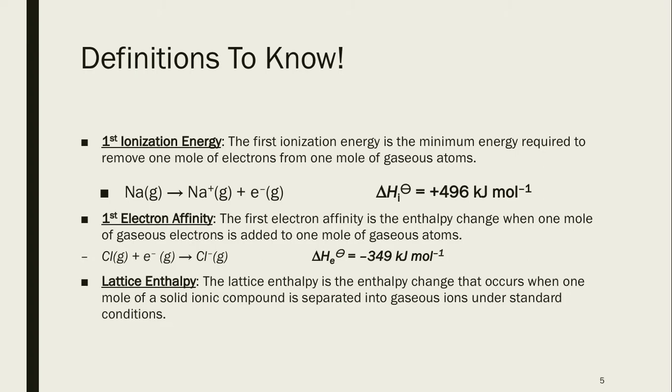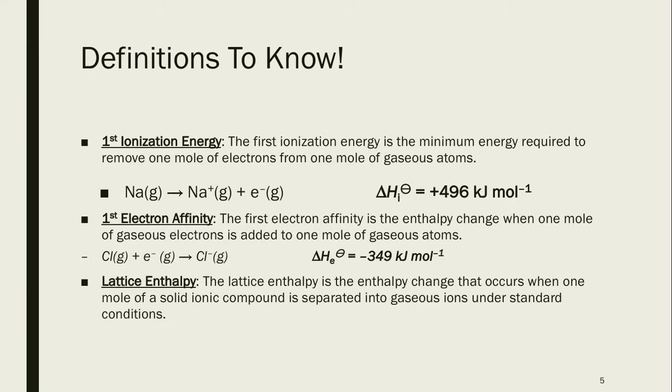So the first thing to know is the first ionization energy, that is the minimum energy required to remove 1 mole of electrons from 1 mole of gaseous atoms. So we can see what the equation looks like for ionization energy. For example, turning sodium into a sodium ion. And then you see on the right-hand side the enthalpy of ionization.